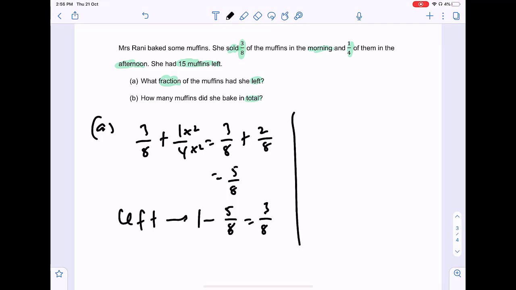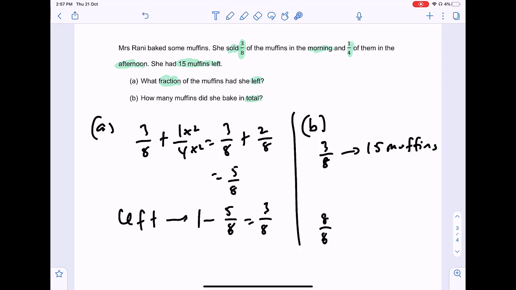Now for part B, how many muffins did she bake in total? So 3 over 8 is whatever she's left with, which is 15 muffins. I need to get to 8 out of 8, which is the original total. Total is 1 whole. So 1 whole means 8 out of 8. So in this case, you can use a unitary method. 3 units represents 15 muffins.